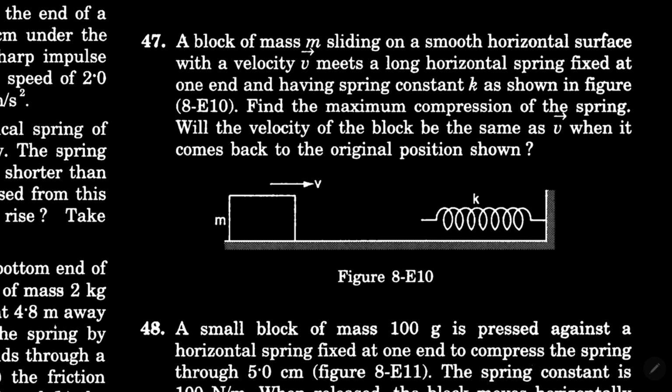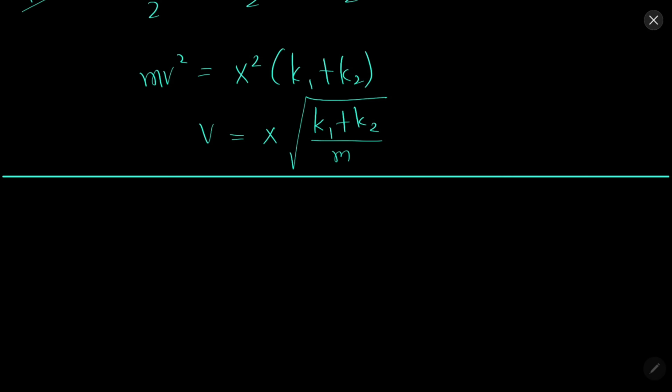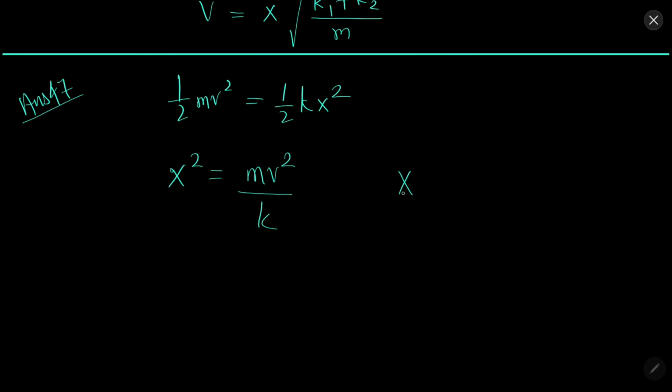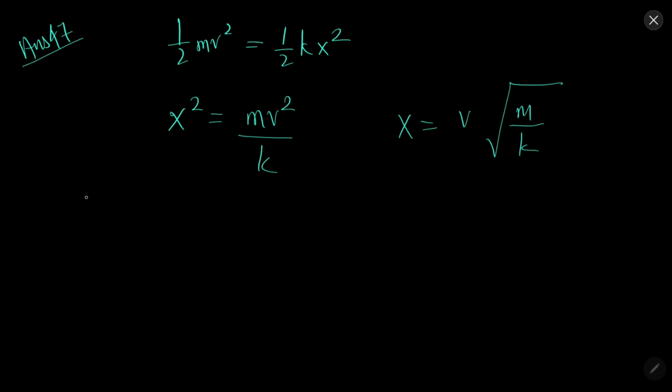In question 47 we have this system. We need to find the maximum compression of the spring. Will the velocity of the block be the same as v when it comes back to the original position? So according to the law of conservation of energy, kinetic energy will get converted into spring potential energy, compressional energy. So from this x will be v root m by k.